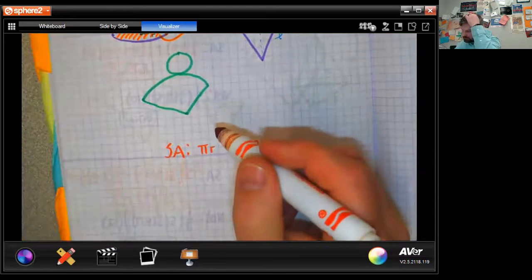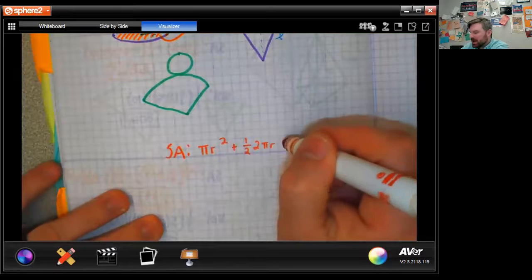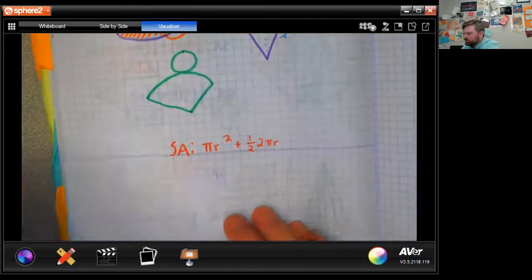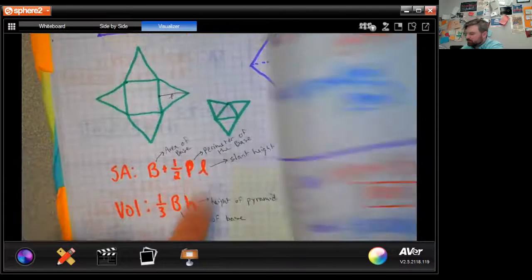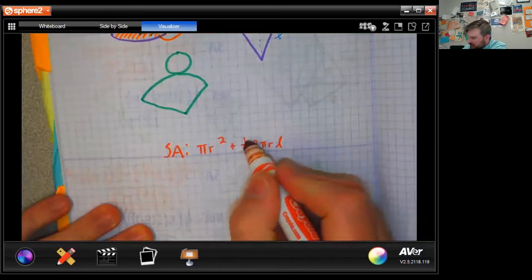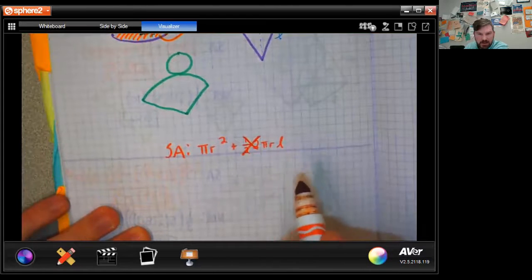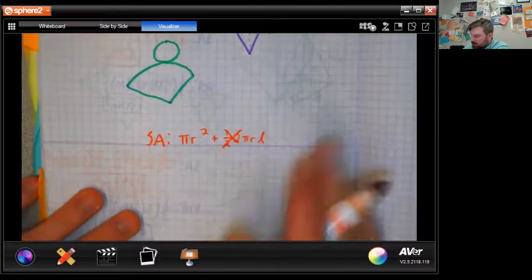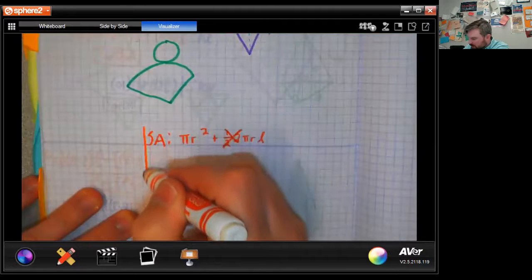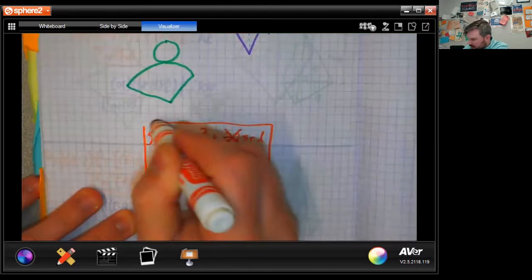And then we have to multiply it by the slant height, which was L, which we have right here. So L. But if you see here, 1/2 of 2 is always 1. So we don't necessarily need to write that every single time. Okay, so there's your surface area. Again, these are important to know and to have.